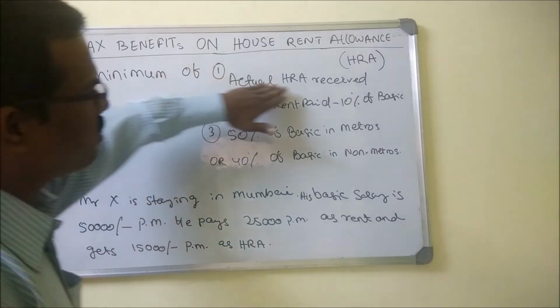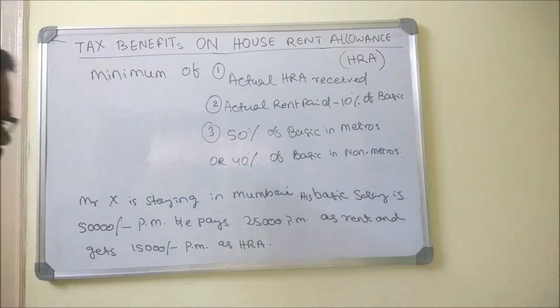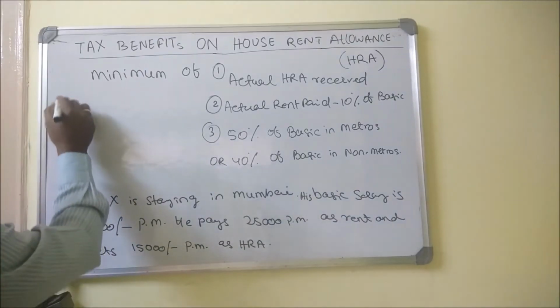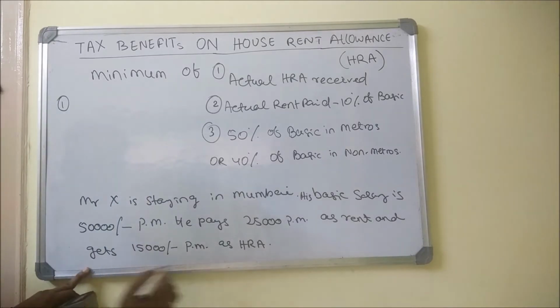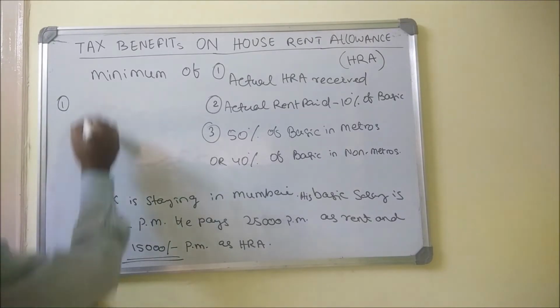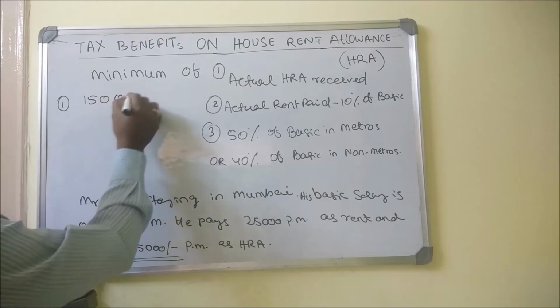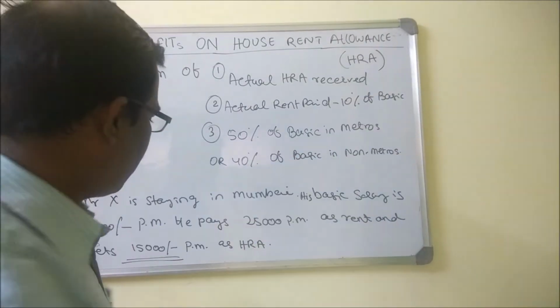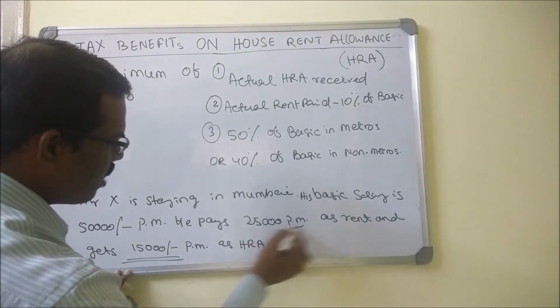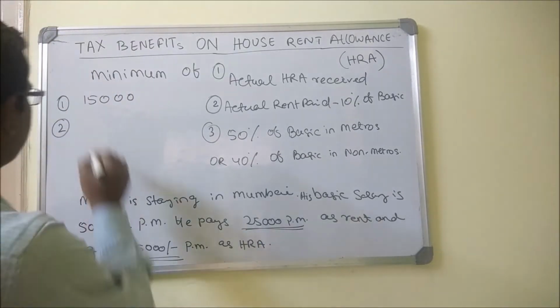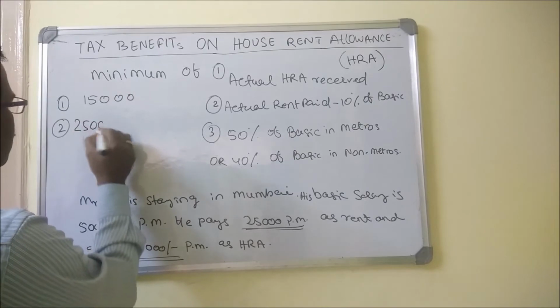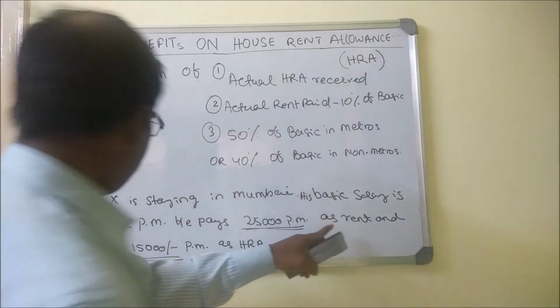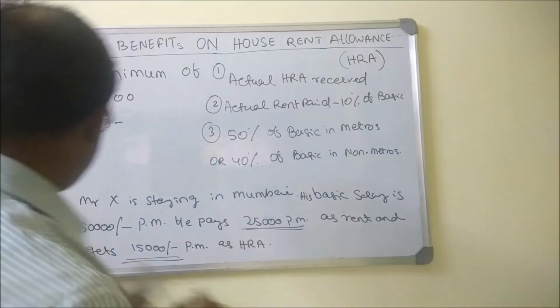The first condition is actual HRA received. As per the first condition, how much is the actual HRA received? He is receiving 15,000 per month. The second criteria, actual rent paid minus 10% of basic. He is paying 25,000 as actual rent, minus 10% of his basic.